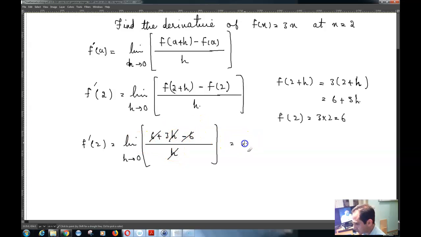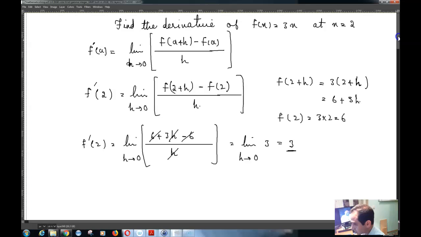So then you have the limit of 3 as h tends to 0, which is equal to 3. Now, if you pay attention to what happened here, we got that the derivative of this function at x is equal to 2 is 3.